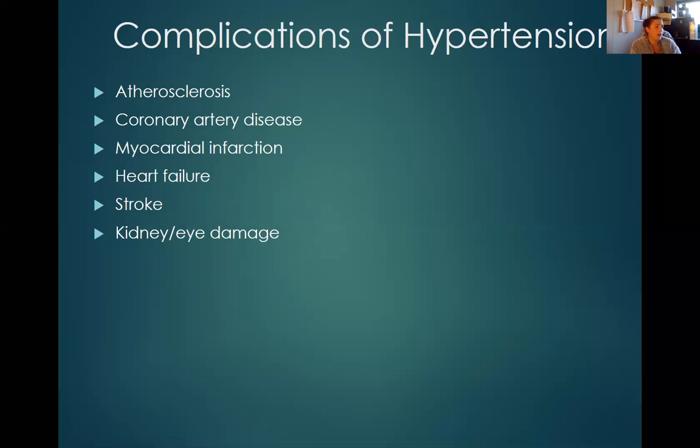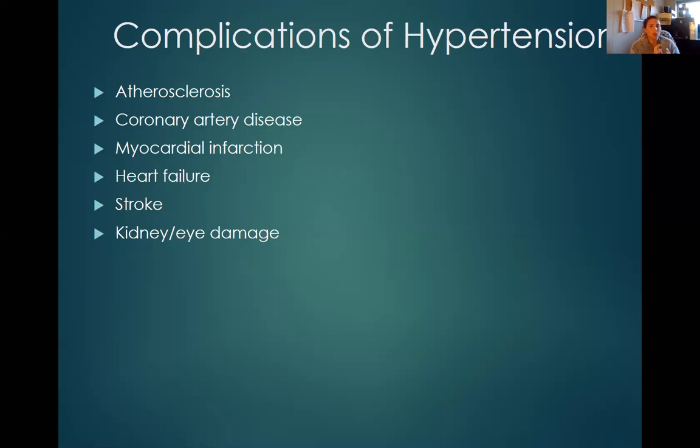Heart failure, as the blood pressure continues to rise over time, the muscle has to stretch to accommodate that. It can only stretch to a certain point before it becomes weak and floppy, or before it becomes thick and hard. And either way, the compliance and the ability to force out the volume of blood that we want, remember that 55 to 70% ejection fraction, the volume that we actually expel from the left ventricle with each beat of the heart, which is like 60 to 80 milliliters, is not able to occur because the muscle itself has changed.